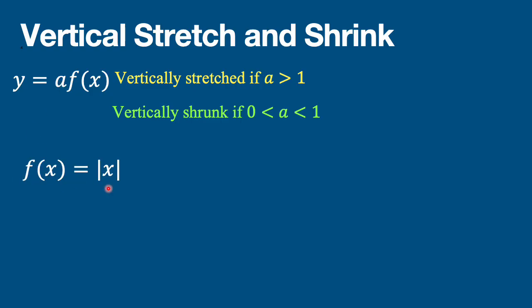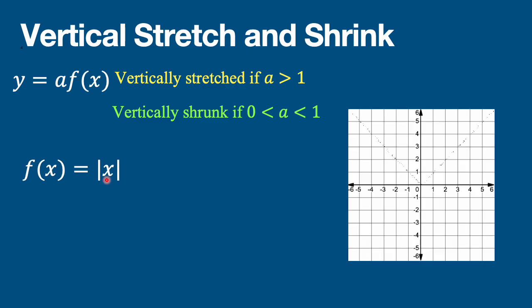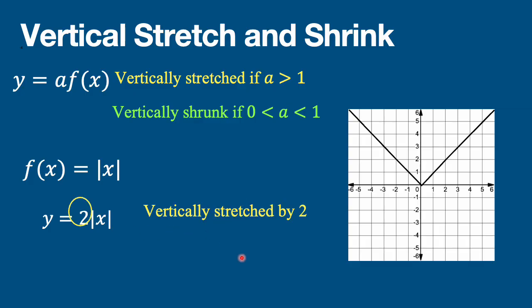Let's have the first example. f of x is absolute value of x. You're going to sketch it, absolute value of x, that's a V shape. First example is y equals 2 times the absolute value of x, so that's a vertical stretch, okay? So how does the y value change? You multiply it. Here is the absolute value function.